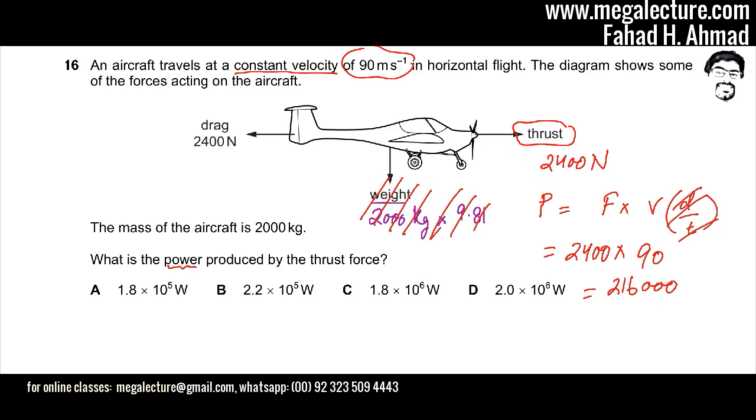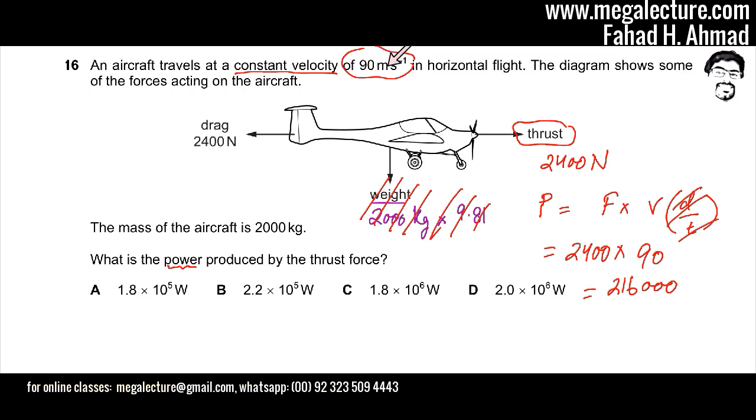216 with 3 zeros, and again we must be careful about the significant figures. You would notice that the significant figures given over here are up to 2 significant figures, which is why the values in the answers are rounded to 2 significant figures. Remember, velocity is given as 90.